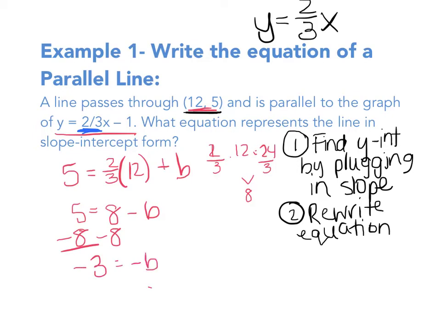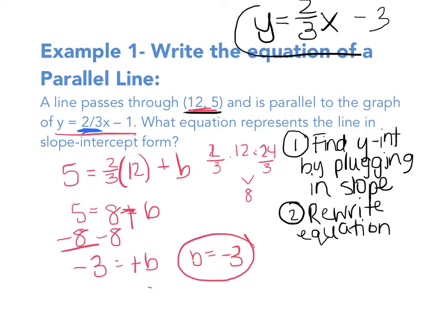I'm so sorry, I put minus b earlier, that should be plus b. So we have b equals negative 3. That means my equation, I'm going to finish writing up here, is y equals 2/3 x minus 3. And you can check this on a graph by graphing it and plotting the points and all that.